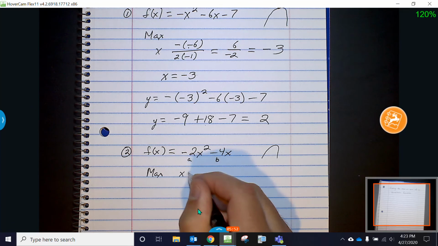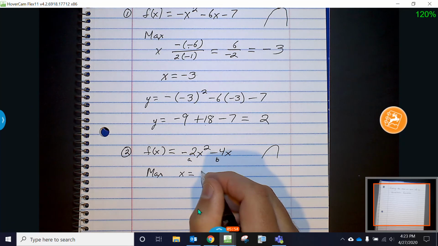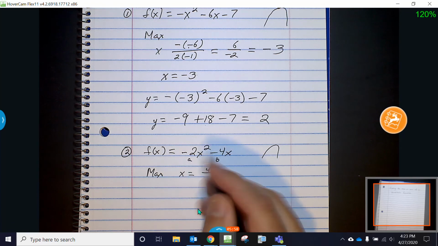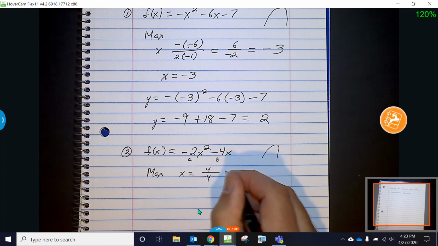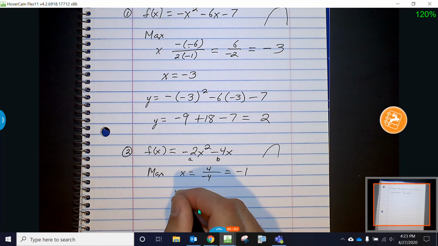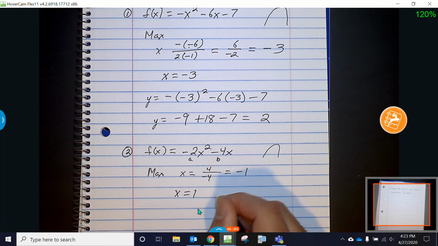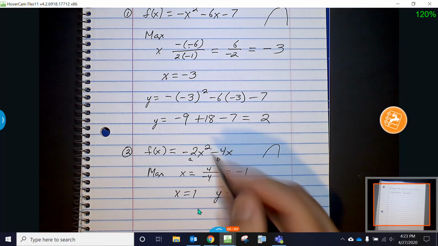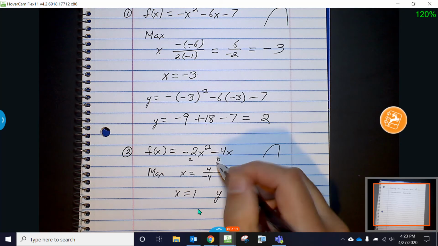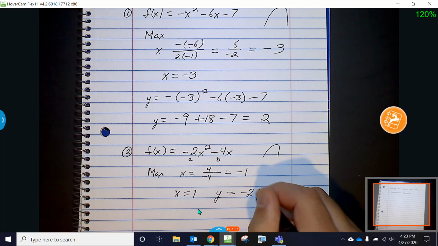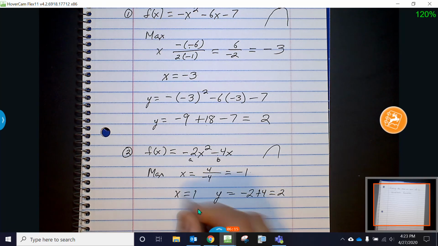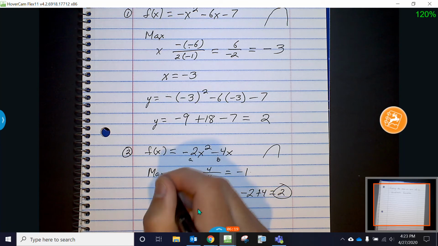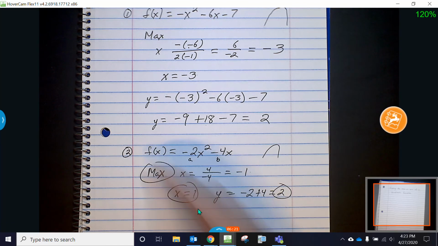So we get the opposite of b, so -4 becomes +4, over 2 times -2, which is -4, so we get -1. And for y, we're going to plug this in. -1 squared is 1, times -2 is -2. -4 times -1 is +4, which gives 2. So there's your x value, and there's your y value, and it's a max.